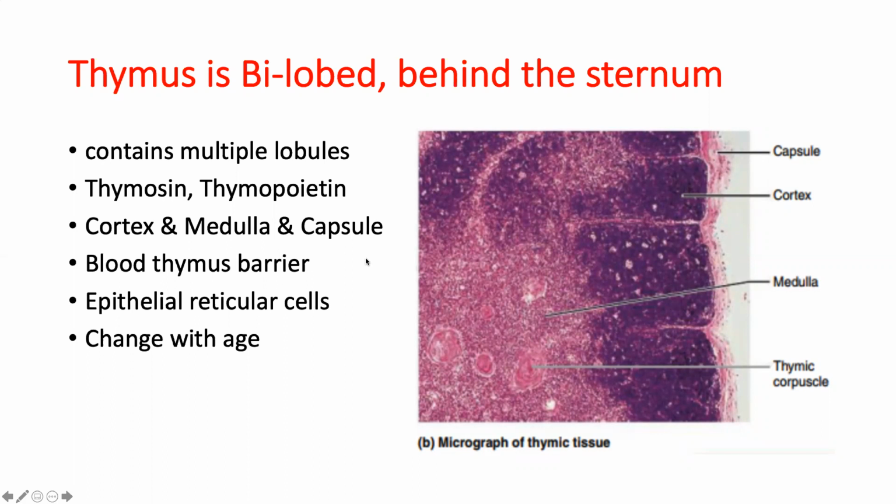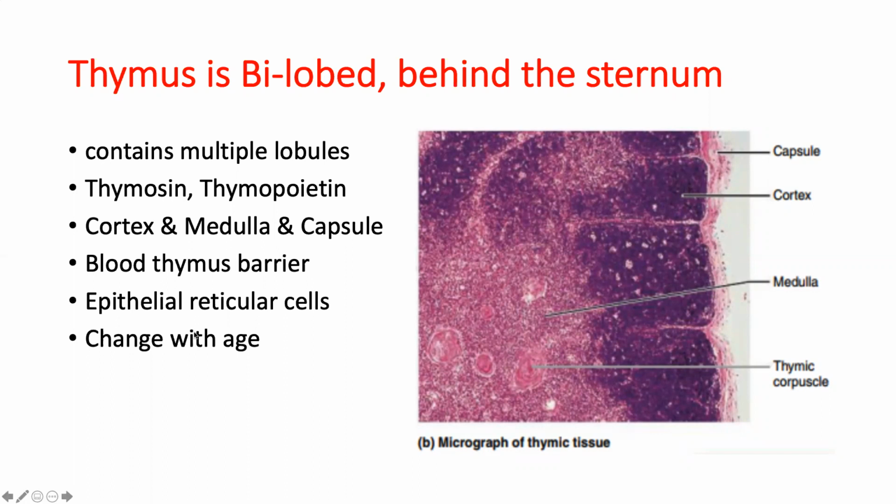And as we have learned, inside the thymus, the T lymphocyte precursors, which are still not immunocompetent enough, come into the thymus gland and they will become immunologically competent T lymphocytes.